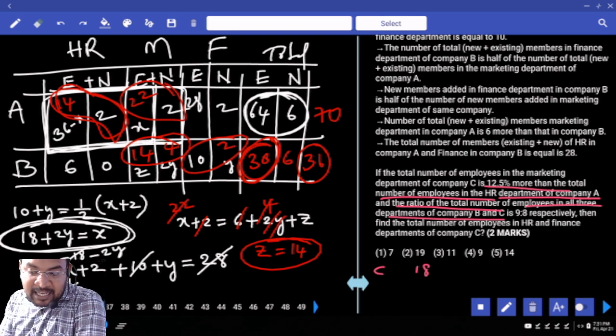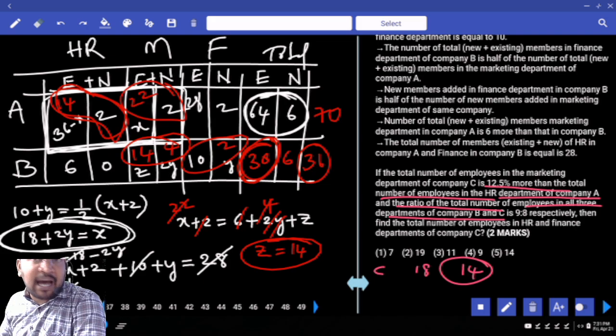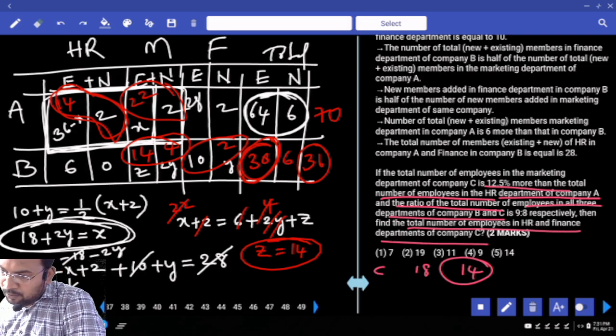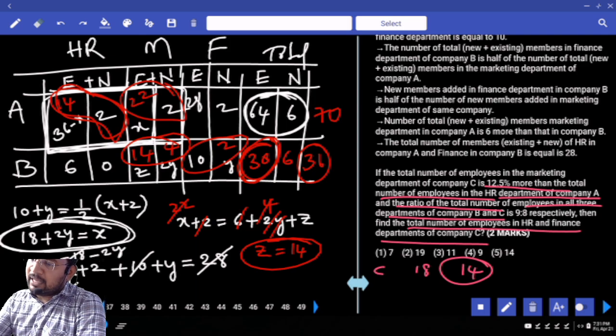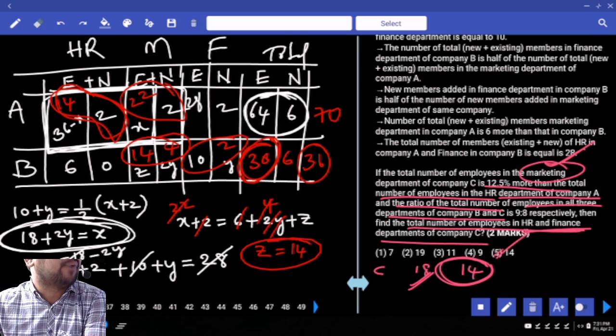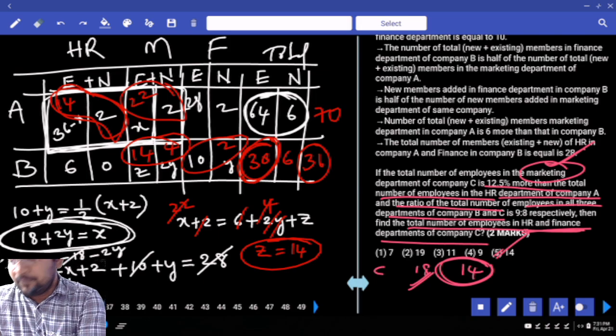Already 18 is there in the marketing department. Then the remaining 14 is HR and finance. So your answer is 14.